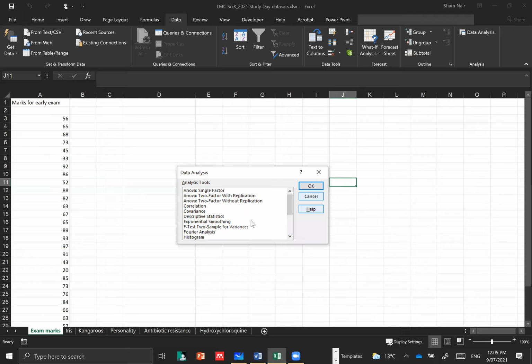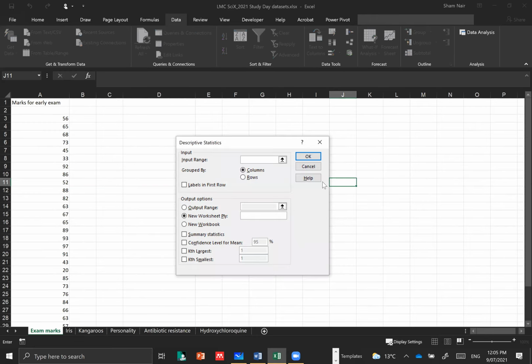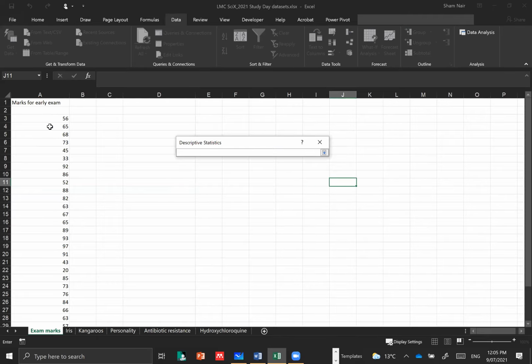There are actually more statistical tests in Excel, but this particular data analysis package only brings up the ones shown in this box. So let's say we want to do a descriptive statistics test on this data set. We select that option, then you get a dialog box. The input range is from the first data point all the way to the last data point.